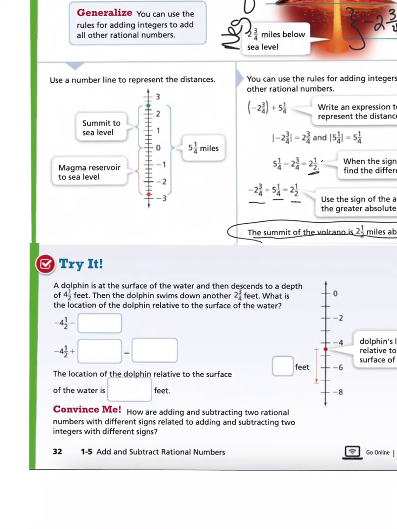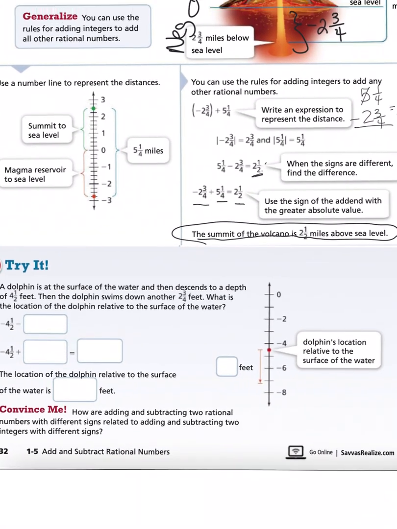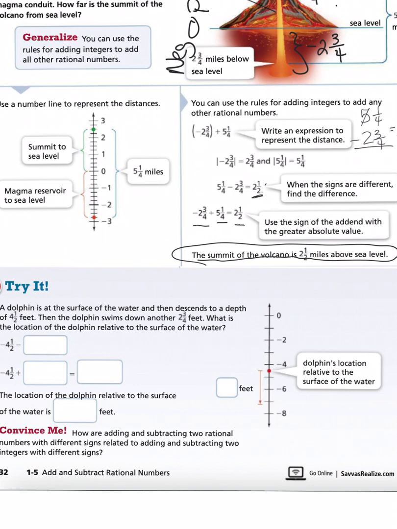So, using what you know now, you're going to try this yourself. A dolphin is at the surface of the water and then descends to a depth of 4.5 feet. Then the dolphin swims down another 2 3/4 feet. What is the location of the dolphin relative to the surface of the water? So, the dolphin's location relative to the surface of the water is right here.